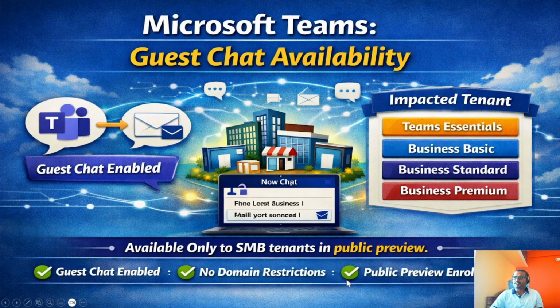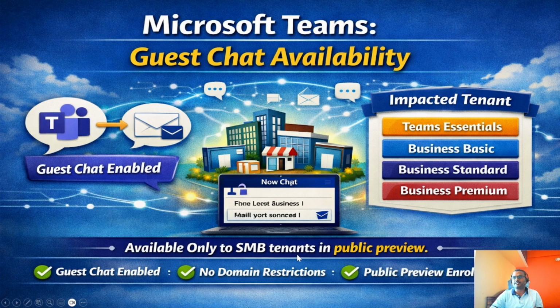So no domain restrictions, public preview enrollment. Yes, this is what I was saying. This is not in GA. It is not globally available yet and there are no timelines from Microsoft. However, if you want your tenant to be upgraded for this particular feature, then you have to enroll your tenant in the public preview enrollment. And you can see this is available only to small, medium and business tenants.